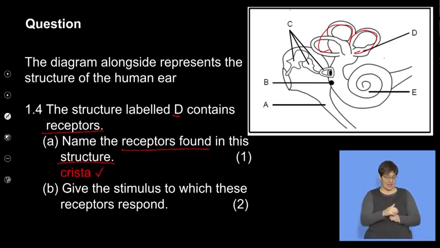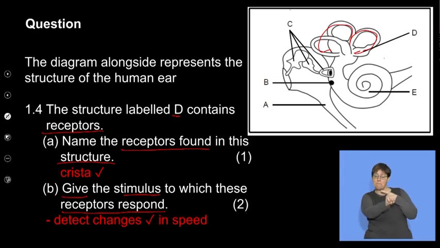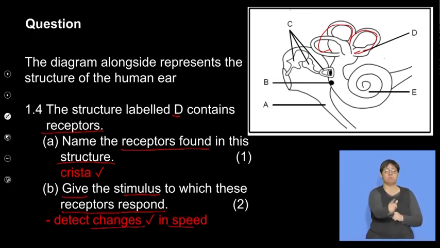Then the answer there will be the crystal. And then the next question says, give the stimulus to which these receptors are responsible. They detect change in what? In speech. So you see where the tick is. The tick is at this answer, they detect change in speech. Then you've got it right.